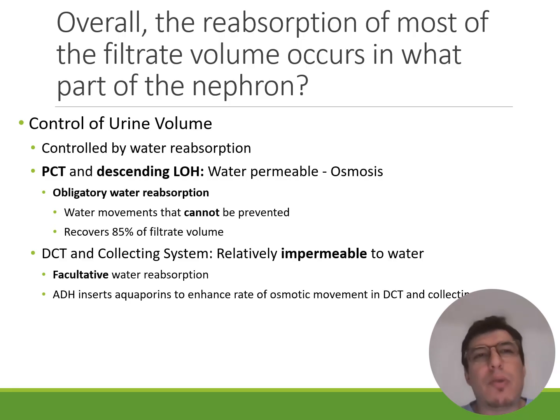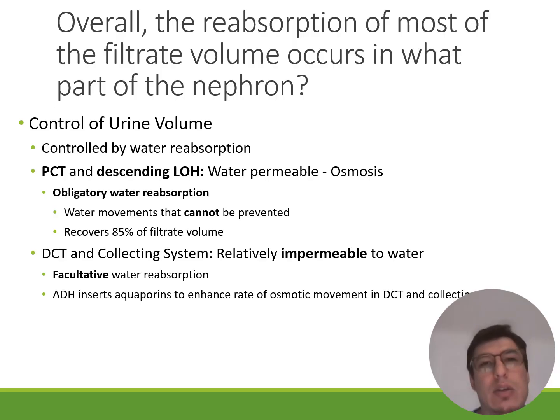Overall, the reabsorption of most of the filtrate occurs in one part of the nephron. Most of the reabsorption of nutrients happens in the proximal convoluted tubule, because we're bringing in all that glucose, all those amino acids.